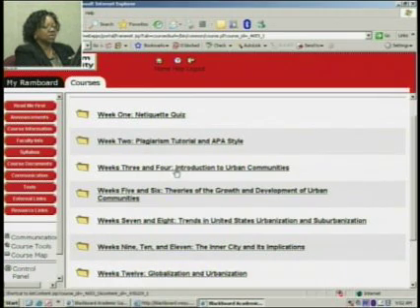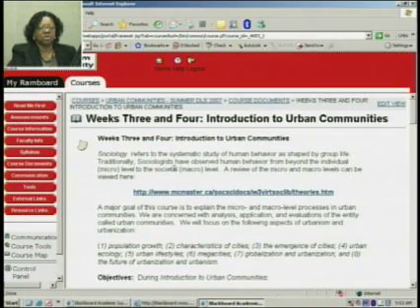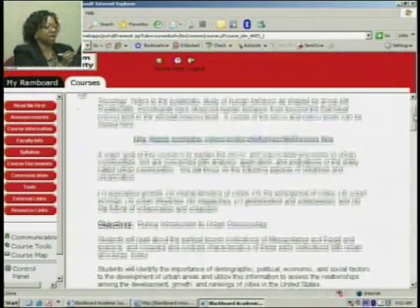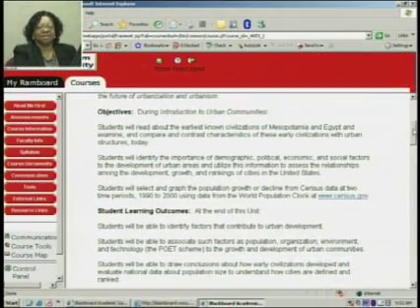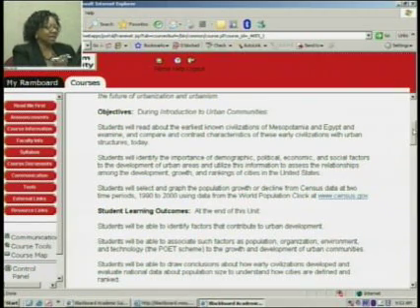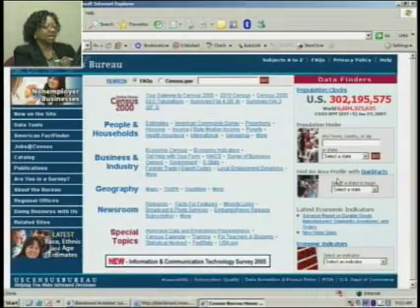Then you go into weeks 3 and 4. At this point, you will get into your introduction to the actual class, urban communities. All the preliminaries will have been completed, and we will start to talk about what this urban communities environment is about. We will use heavily the Census Bureau data in this assignment. And what I want you to see here is that we are growing as a society, as a world.